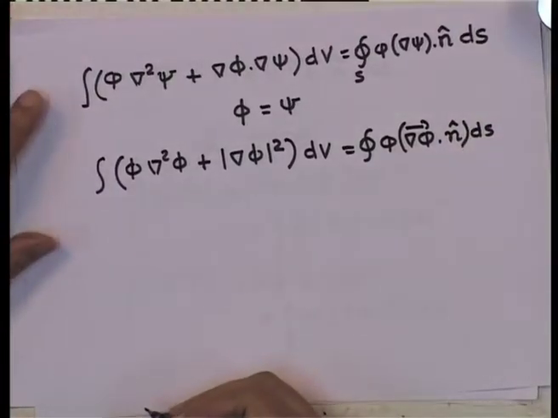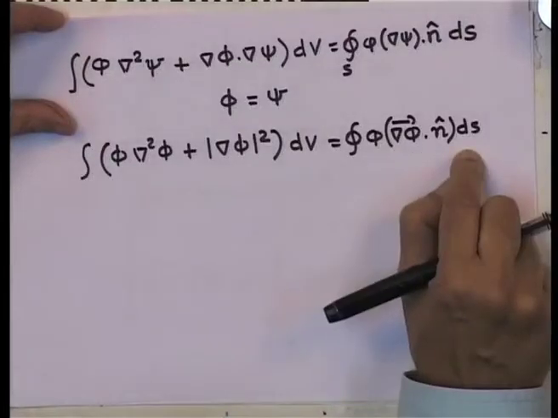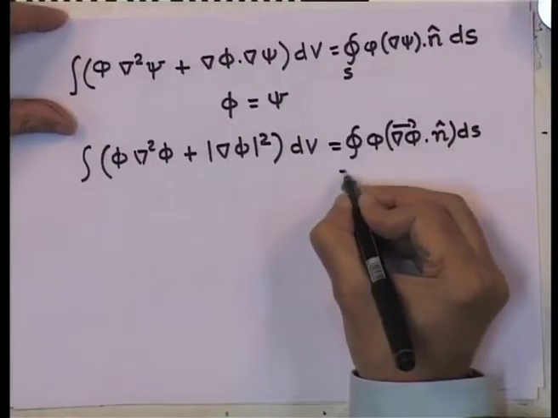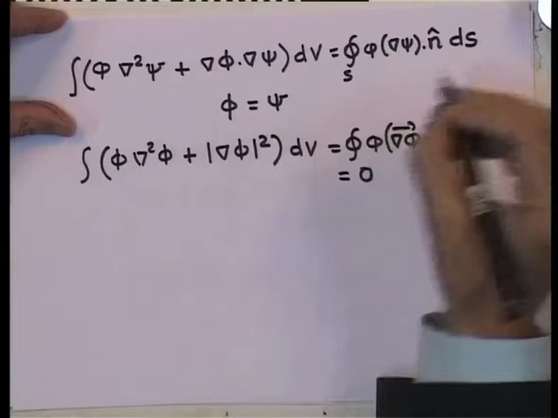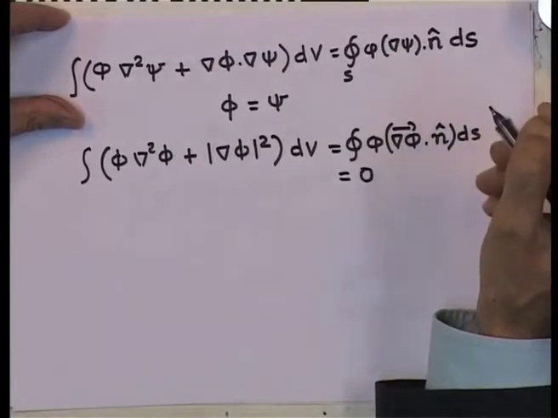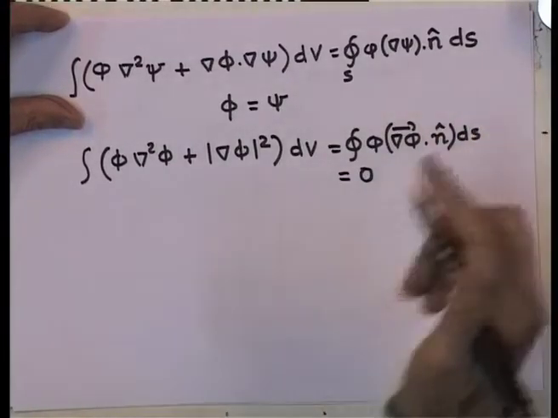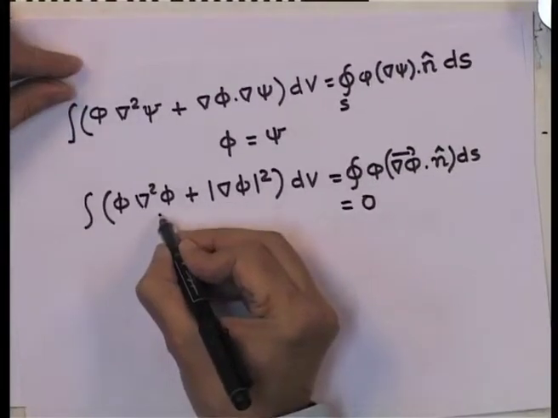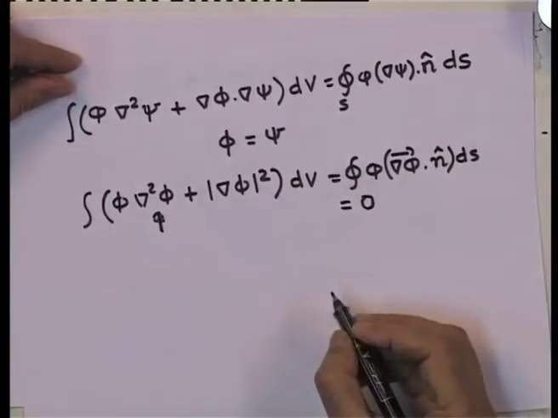Okay. Now, notice the right hand side of this should be equal to 0. We had further seen that del square phi is also equal to 0.